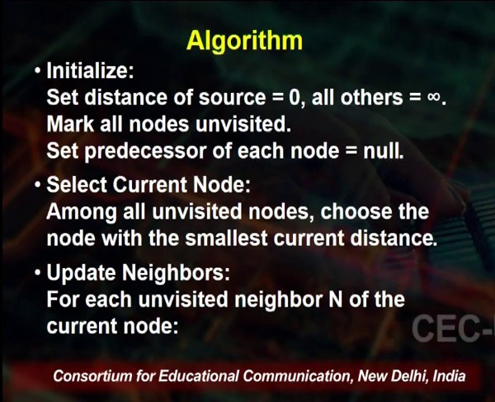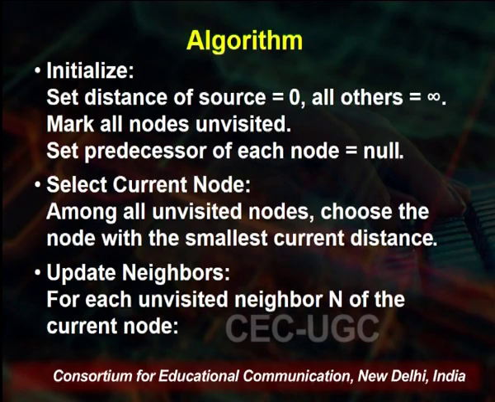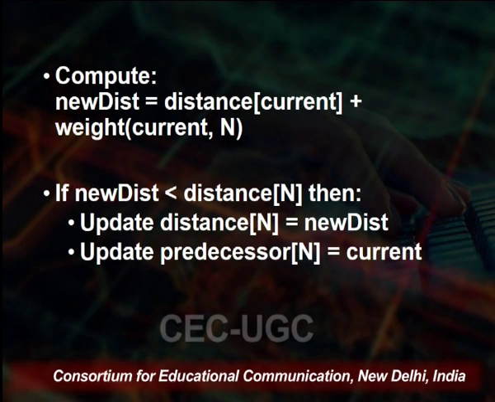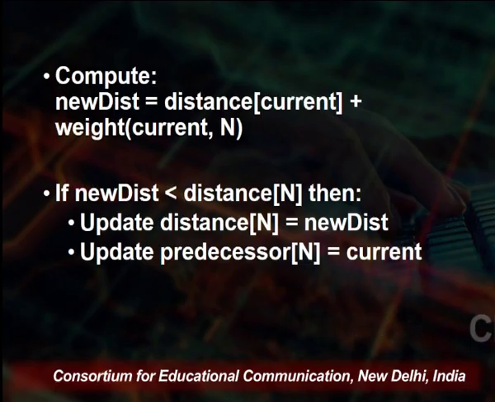So, from the source we will look for whichever has the smallest current distance, we will go to that particular node and select it as the current node, and then for each unvisited neighbor n of the current node, we are going to compute the new distance, which is the current distance, already covered, plus the weight of the edge from the current node to n.